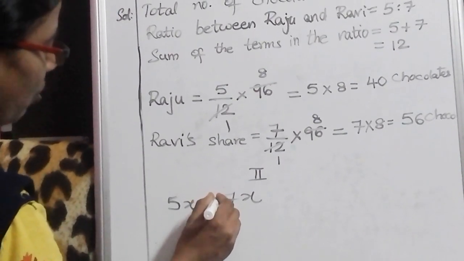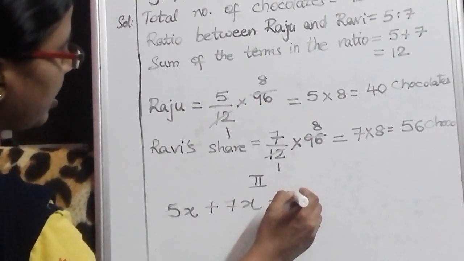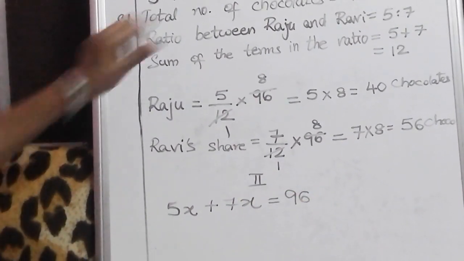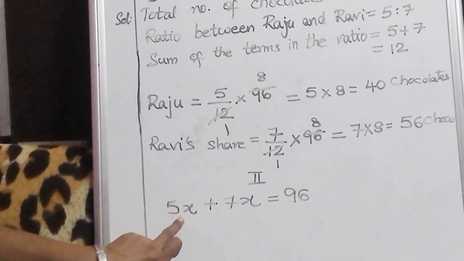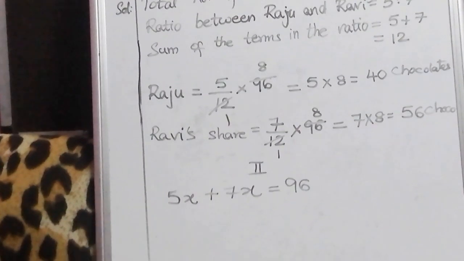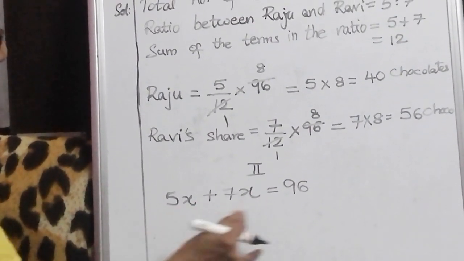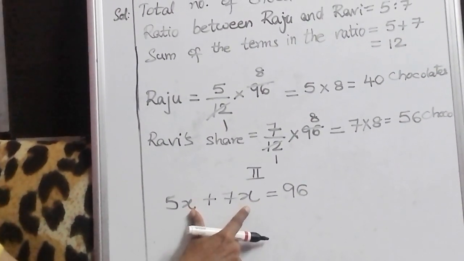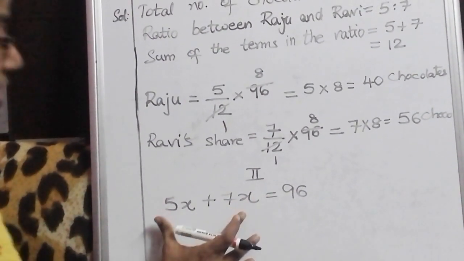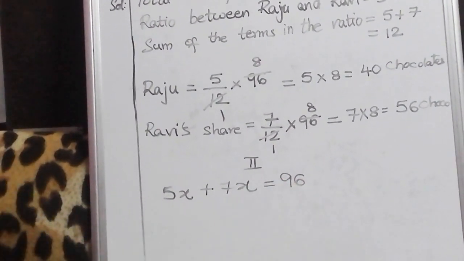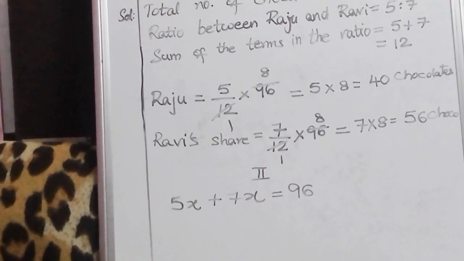If we add both of them, we are going to get 96, because they gave total number of chocolates as 96. You know that each is having some chocolates with them. You don't know what is common for both of them, so we took it as x. So 5x plus 7x should be equal to 96 because we are finding out the share of each one.